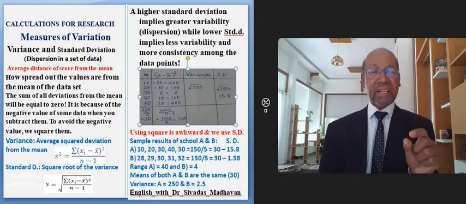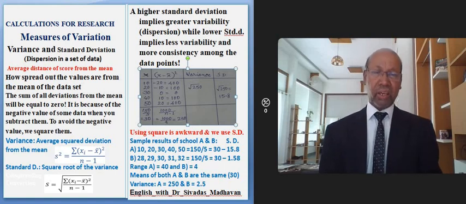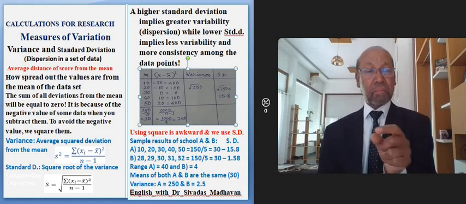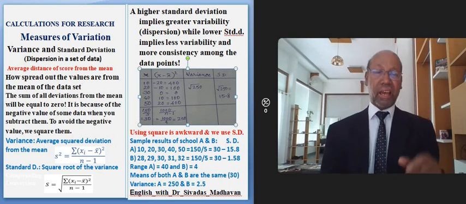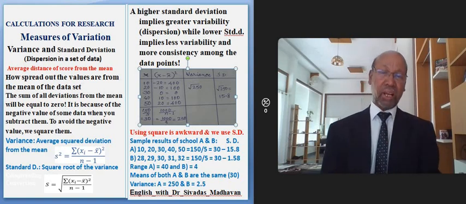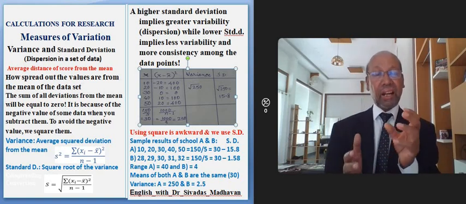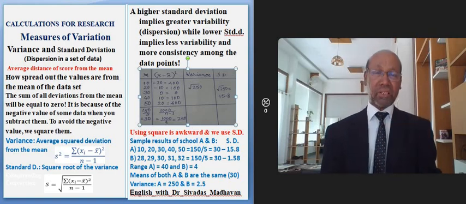If you subtract 30 from 10, it will be minus 20. If you subtract 30 from 20, it will be minus 10. If you subtract 30 from 30, it will be 0. So this way, some calculations will have negative numbers.